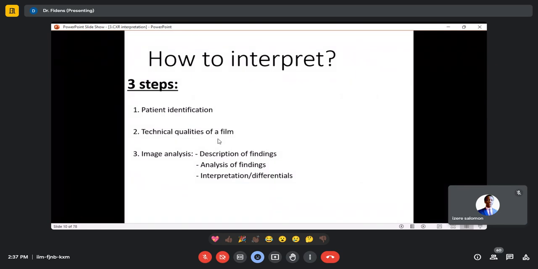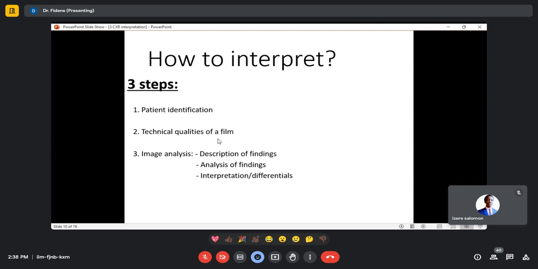How can we interpret chest radiographs now? There are 3 steps. The first step is about patient identification. This is very important. If you don't go into details, you may think it is something very simple, but it's very important.